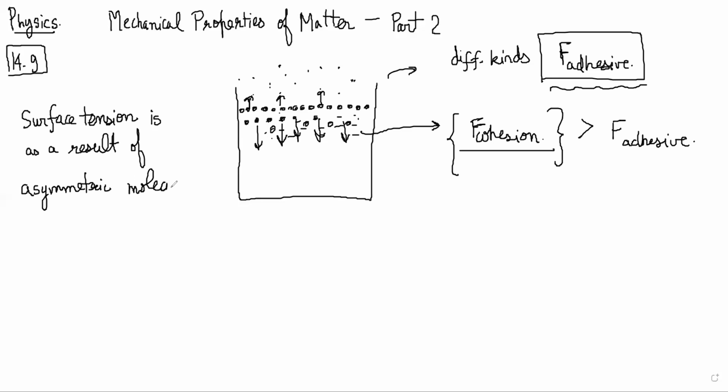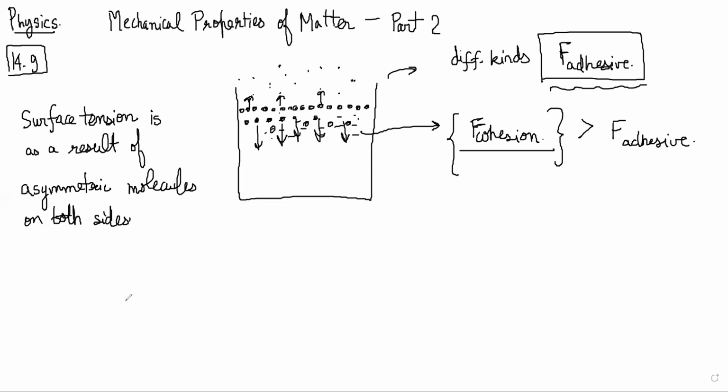One side is molecules of air, one side is molecules of water or fluids. Therefore, the forces that they exert are going to be different, and the resultant force will try to pull or push the surface. That force is the surface tension force.